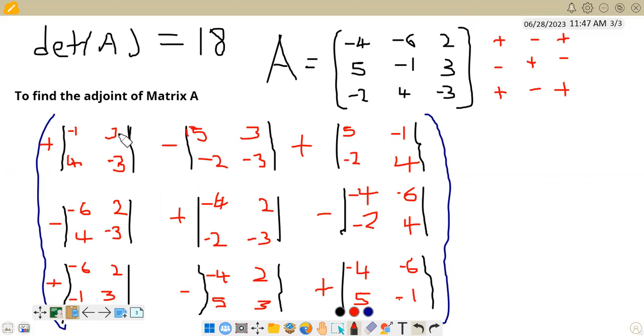So koza kuona vene papa kuti negative 3 minus 12 ndekuti tikhala ndi negative 9. Ndekuti apa tena kukhala negative 9.